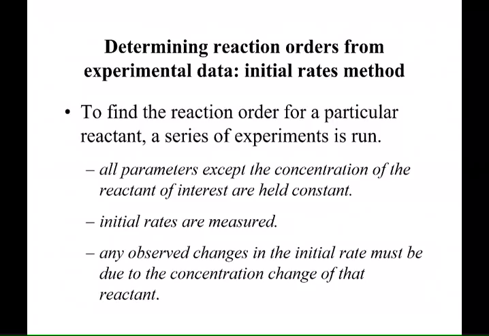And just like we did with A, since the only thing we were changing was the molar concentration of A, any changes in the reaction rate had to do with the effect of changing that. That's why you hold everything else constant, unless you want to get a very big headache. It's called experimental design.